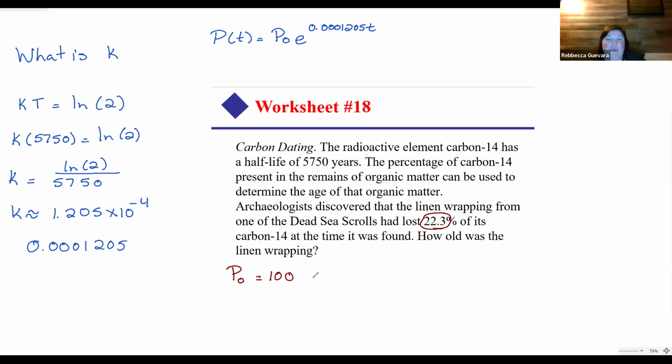That means if this was true and we lost 22.3%, then P sub t has to be what's left over. And what would be left over would be 77.7%.